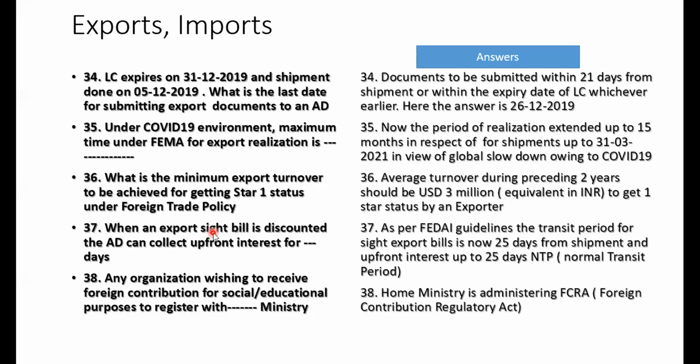If they are not telling 60 days from the bill of lading, and they don't use the word sight, then only 60 days will prevail. You have to calculate the due date depending on the words used in the bill of exchange. Okay, friends, this exercise I had not given earlier. It is simply told sight export bill, transit period 25 days. Suppose it is 60 days sight, that means 60 plus 25 days.